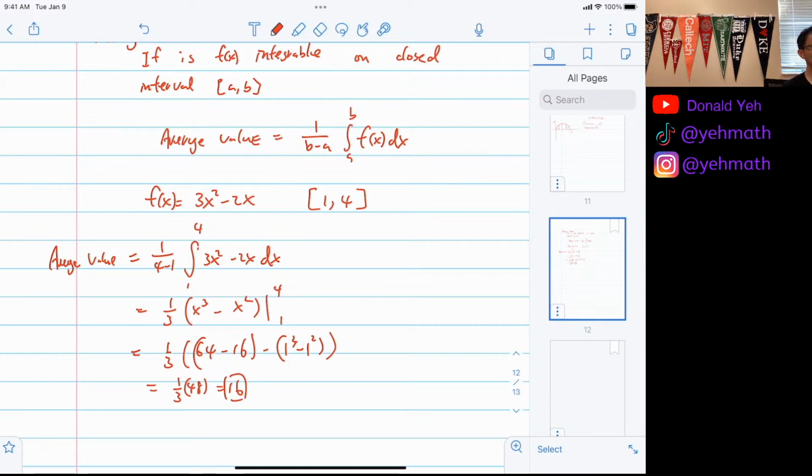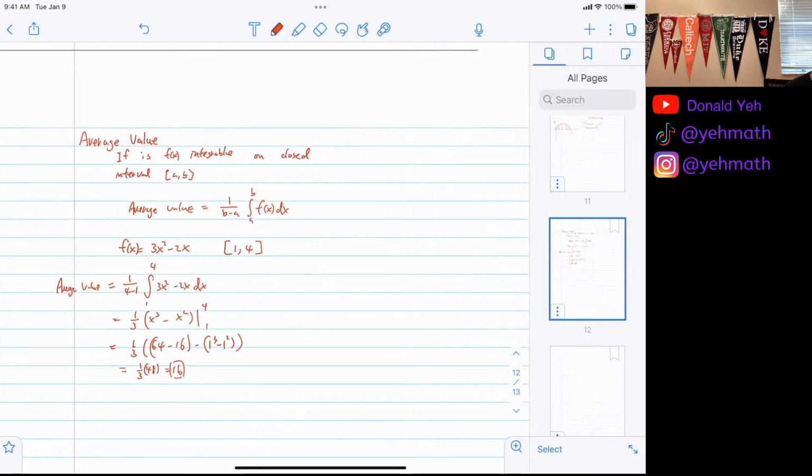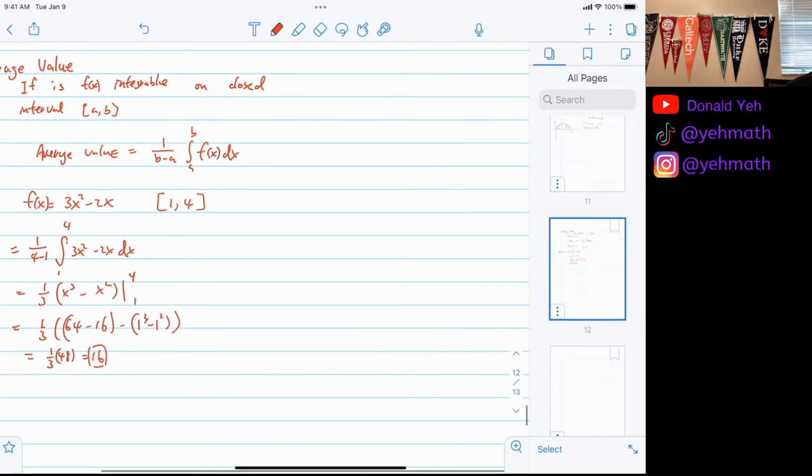But do you know what average value means? It means this. For example, I have a function, and it goes like this. If I plug in 0, it gives me 0. If I plug in 1, it gives you 1.